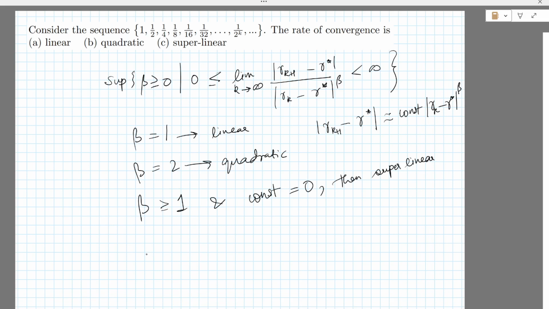So here the sequence is x_k, which is equal to 1 by 2^k. The limit of the sequence as k tends to infinity is 0, right? X star is 0.